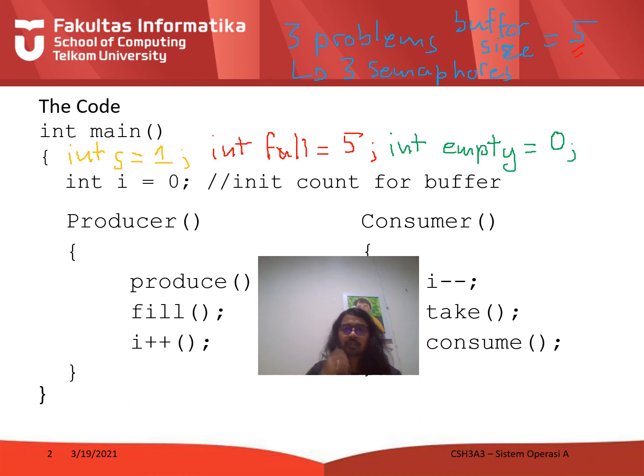Okay, now first we will equip the producer and the consumer with the first semaphore, which is orange.